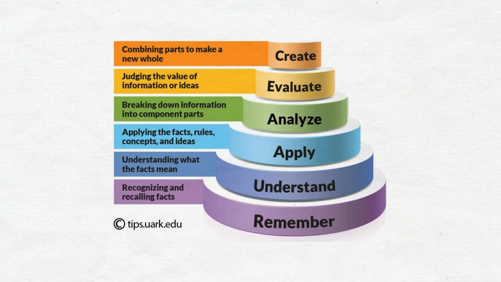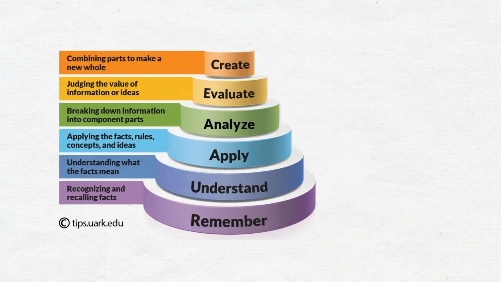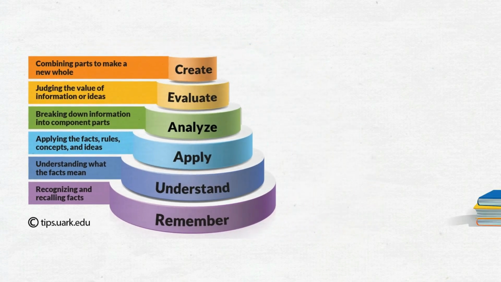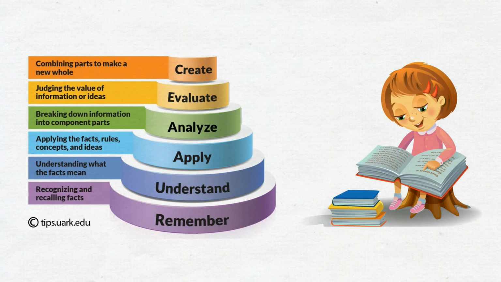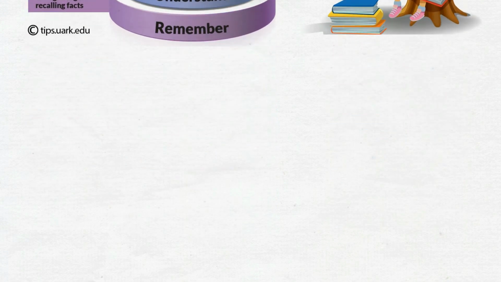At the analyze level, students break down information, assess relationships, and identify supporting evidence for the author's purpose. Teaching this skill enables readers to engage deeply with the material, critically evaluate arguments, and draw informed conclusions, enhancing their comprehension and critical thinking abilities.